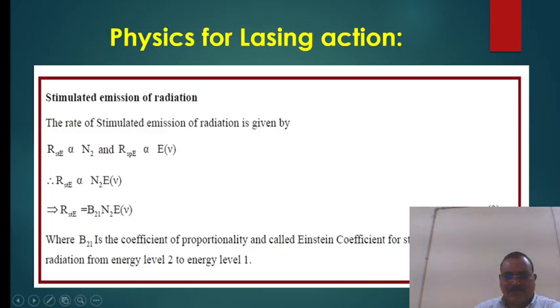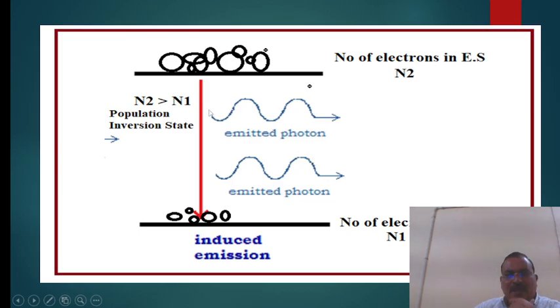Equation number 3. First we observe physically and then mathematically the situation like this. Now the scenario has drastically changed in this step. Previously we had N1 greater than N2, but now in the stimulated emission stage, the number of atoms in the ground state becomes less than the number of atoms at the higher state.